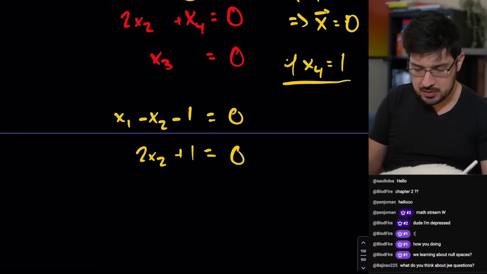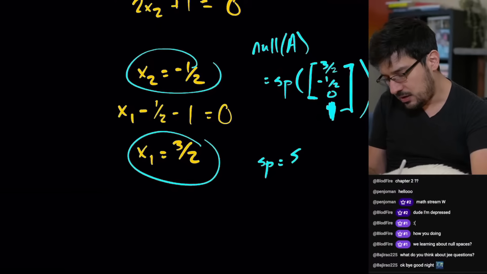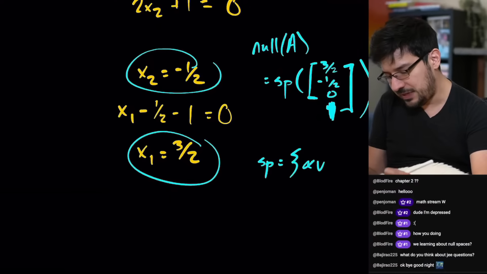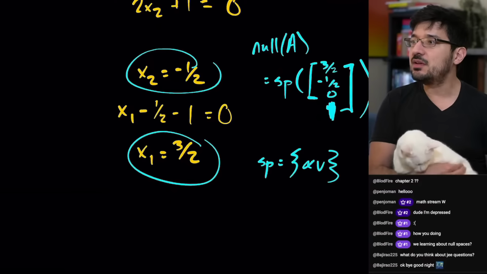And remember that the span is the set of all alpha v, the set of all linear combinations.